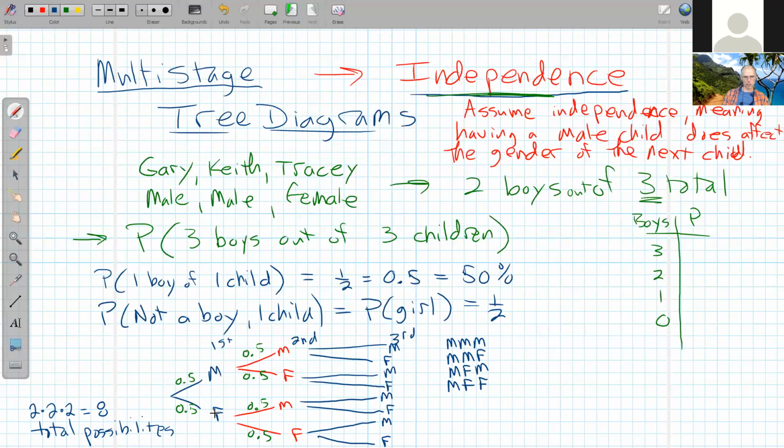Going to the next branch, female, male, male, female, male, female, female, female, male, and at the bottom, finally, female, female, female.